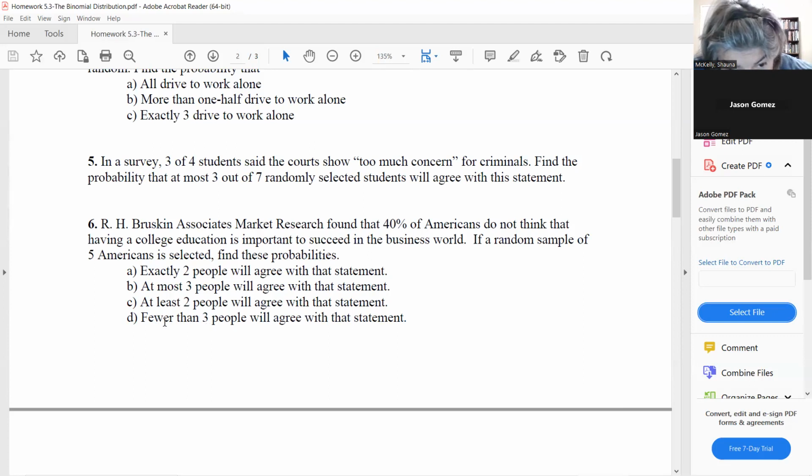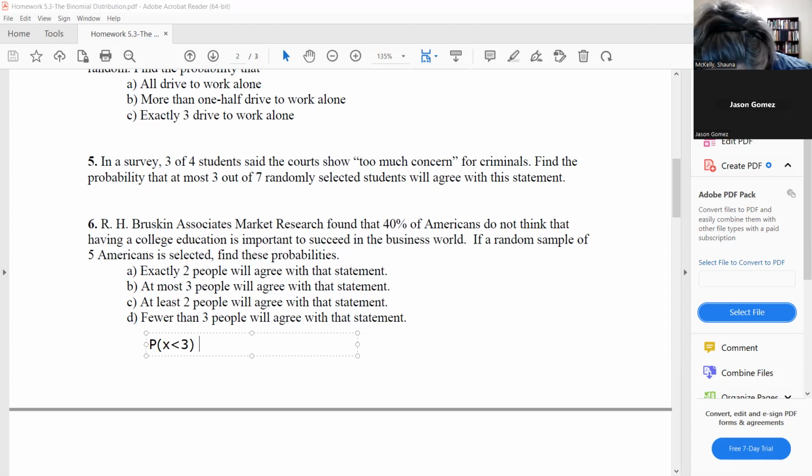Okay, so for fewer than 3 people, probability of X less than 3 people. This is going to be, I'll write it here first. This is the probability for D. This is the probability of X less than 3 people.